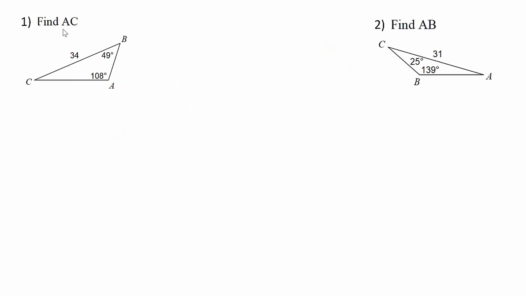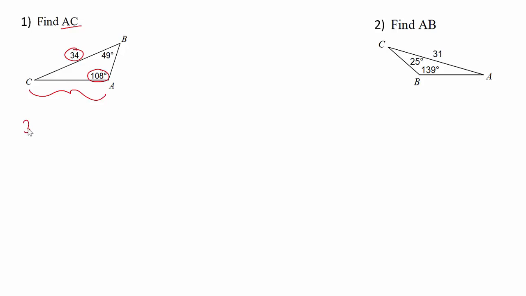On example 1, we're actually asked to find the length of AC, which is this side that we're trying to find. Notice that I actually have angle A and side lowercase a, or side CB. So these two are corresponding. This is the angle and this is the side that's opposite it.